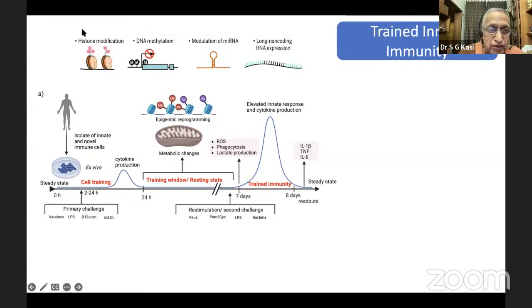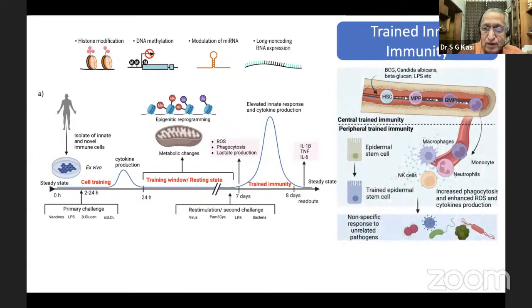Now, what is this epigenetic programming? You have modifications in the histone, DNA, a closed chromatin network becomes open, modulation of microRNA, and certain RNA expression is enhanced. As a result, these changes occur right in the hemopoietic precursor cells.